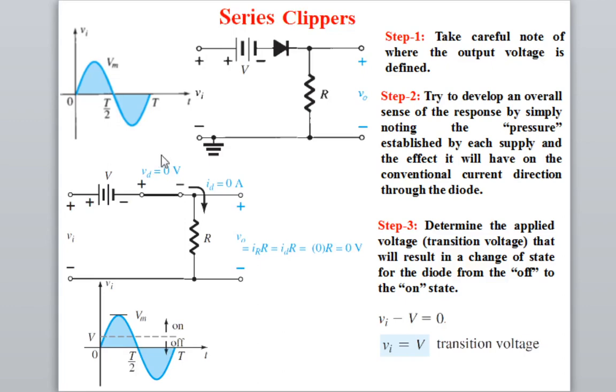If the diode voltage is equal to 0, obviously the diode current will be equal to 0. If the diode current is equal to 0, the output voltage can be determined. If ID is equal to 0, then ID times R, that is basically the output voltage VO, will be equal to 0 volt.